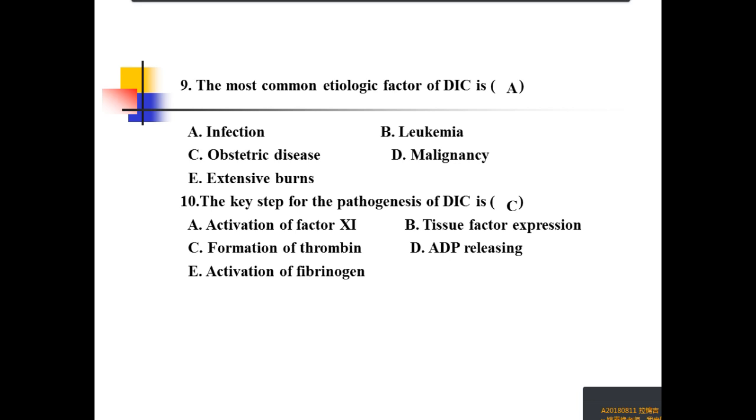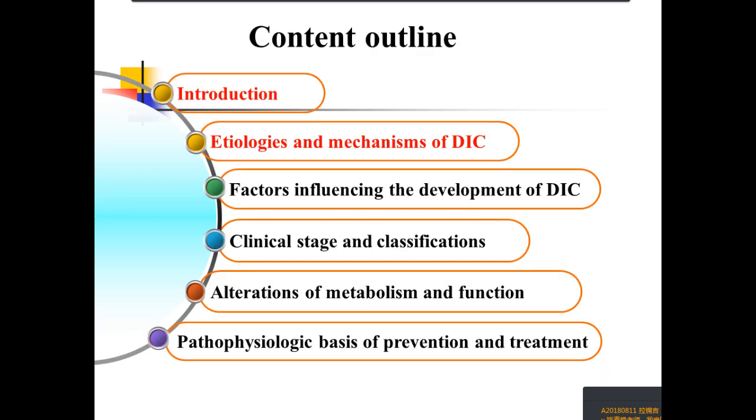It is the key step. So for the pathogenesis of DIC, the key step is prothrombin to thrombin. Now, it is the etiology and mechanism of DIC.